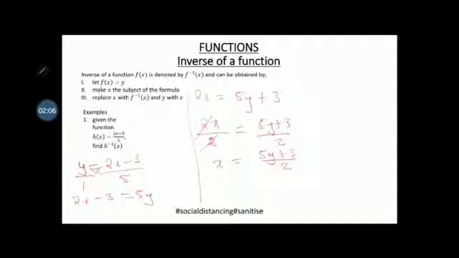We have made x the subject of the formula. Then finally we replace x with h inverse of x, because what we have here is function h. So we have h inverse of x is equal to, and replace y with an x. So it's going to be 5x plus 3 over 2. There we have it. We have the inverse of h of x.